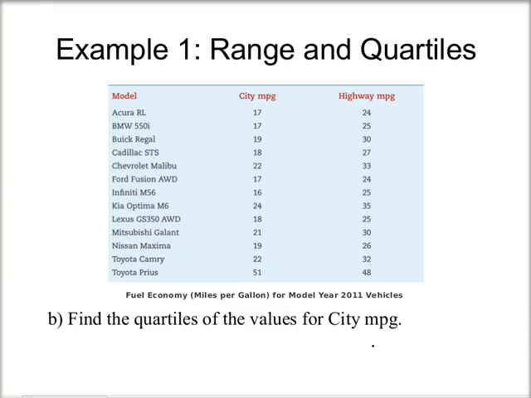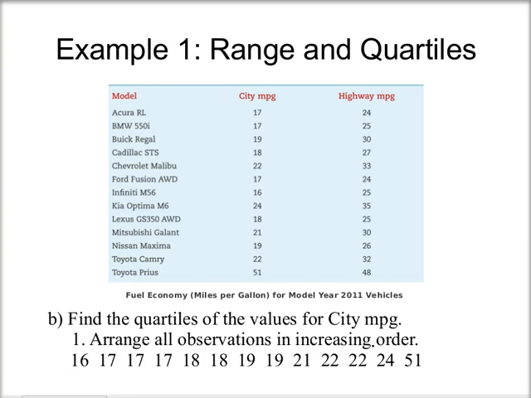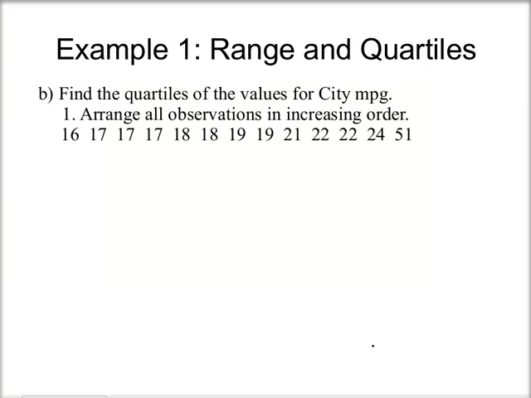Next, let's look at finding the quartiles of the values for city mile per gallon. The first step here is to arrange all the observations in increasing order. I've done this before for previous examples, so I'm just going to copy that here. These are all my observations in increasing order. Once I've got that, I want to find the median so that I can split it up into 2 halves. I've got 13 observations here, so the median is going to be the 7th observation: 1, 2, 3, 4, 5, 6, 7.